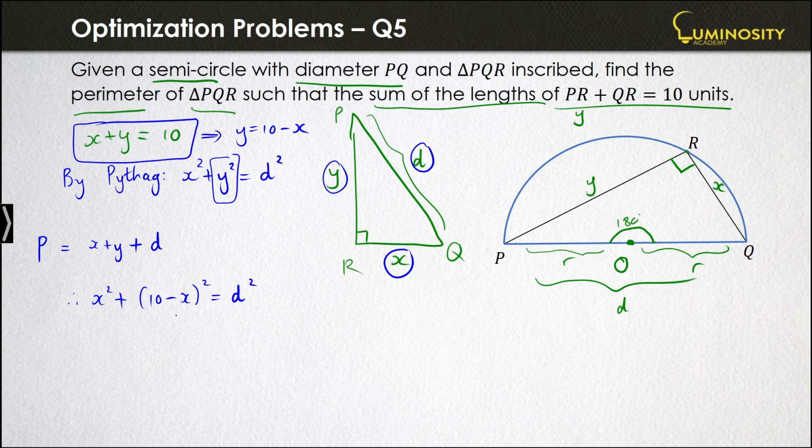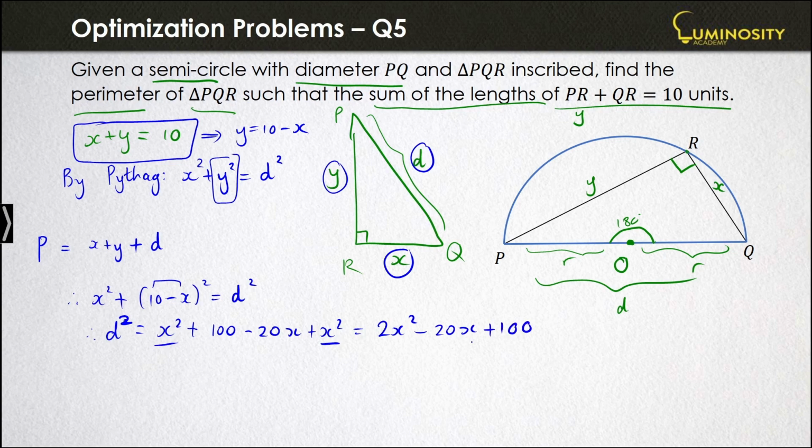So d squared equals x squared plus, if I square this term out, 10 squared is 100, the product is negative 10x, doubled, so negative 20x, and then negative x squared squared is positive x squared. Grouping like terms, I get 2x squared minus 20x plus 100.